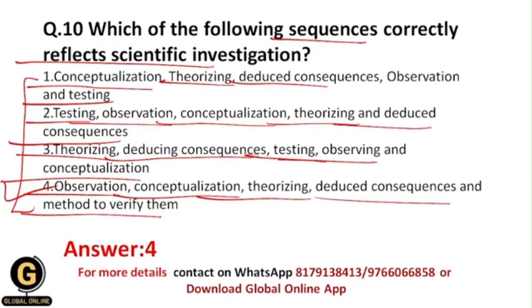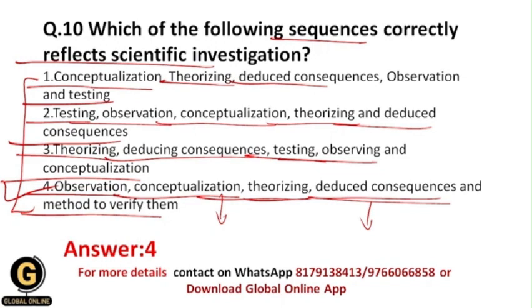And after that you do the conceptualization. It means that based upon the observation you collect the data, and based upon that data you try to form the concepts behind it, and after that you develop a theory. Then deduced consequences means that whenever you develop a theory, after that you make up a hypothesis, then you test the hypothesis and finally you get the results.